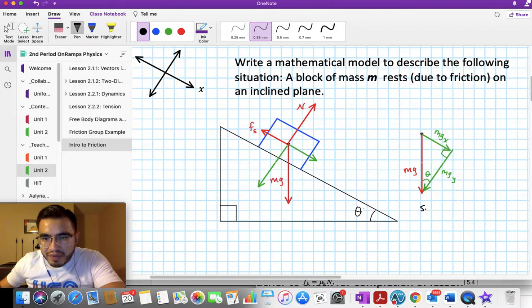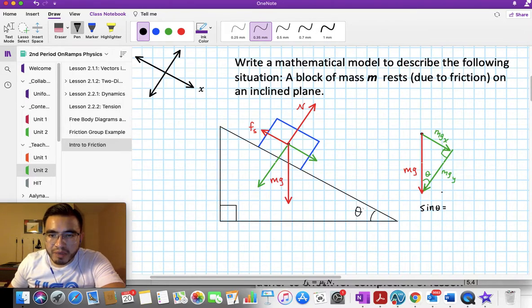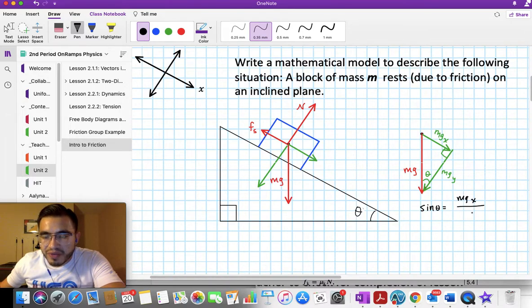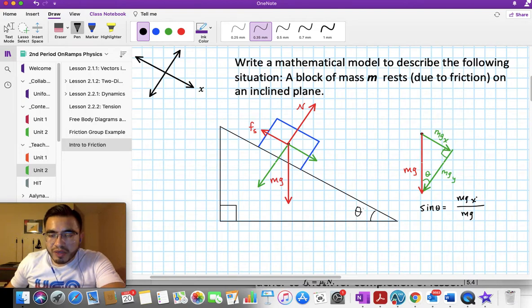So the sine of theta is equal to the opposite divided by hypotenuse. The opposite of theta would be mgx. mg along the x divided by mg, because this is the hypotenuse of the triangle. So I'm trying to find, let's solve for mgx.